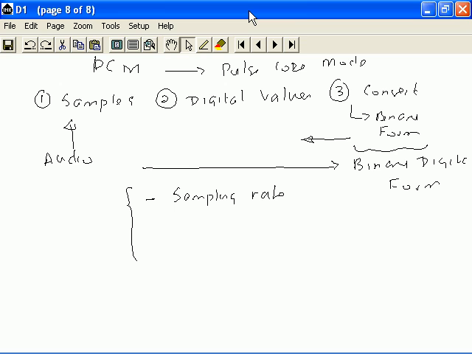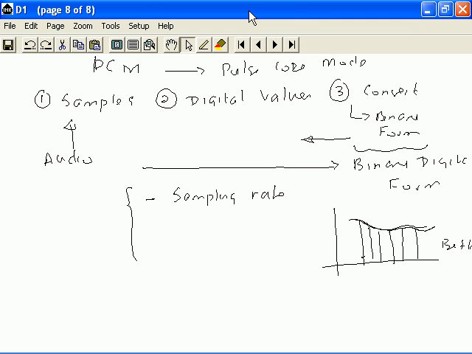The more samples that we take, the better the quality of the digitized information. Why is that so? Look at this audio. If we take closer samples, in other words frequent samples, then when we transmit the information, when it is received on the other side, we could approximate the original waveform in a better way because we have more samples.